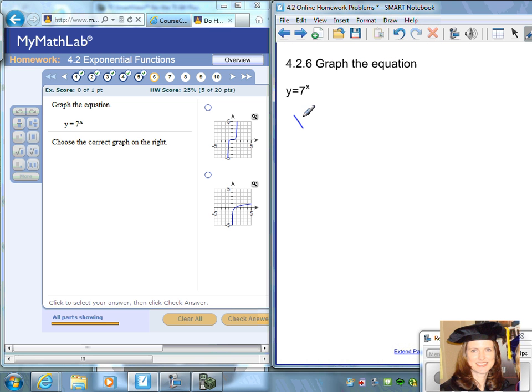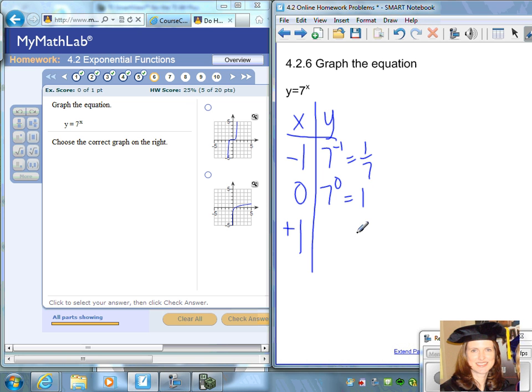So one way to sketch a graph is to make a table of x's and y's. I'm going to just do a couple values for x. If you plug in -1 for x, you get 7 to the -1 power, which is 1 over 7. Plug in 0, 7 to the 0 power. Anytime you have a number raised to the 0 power, that's going to be 1.